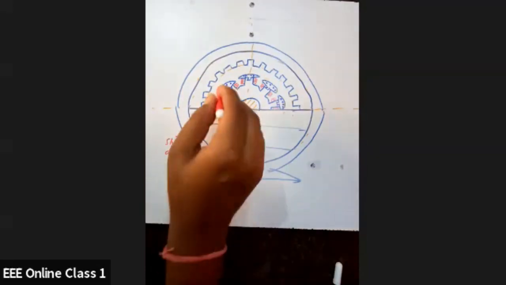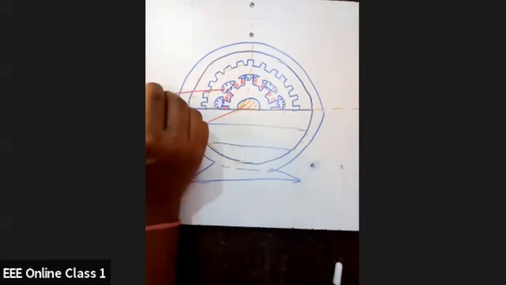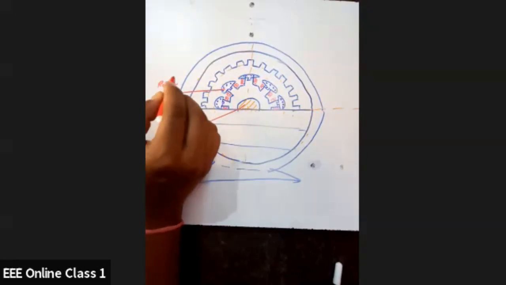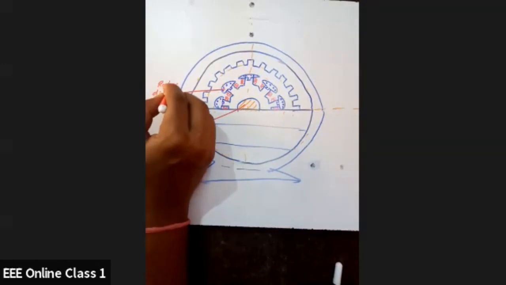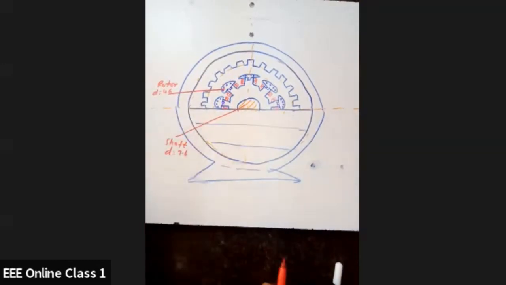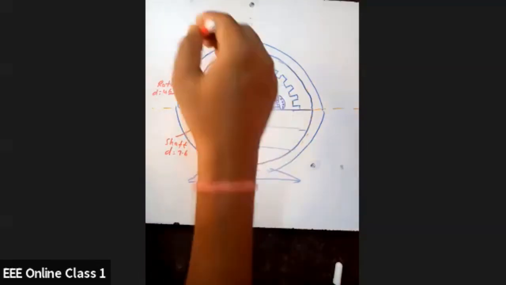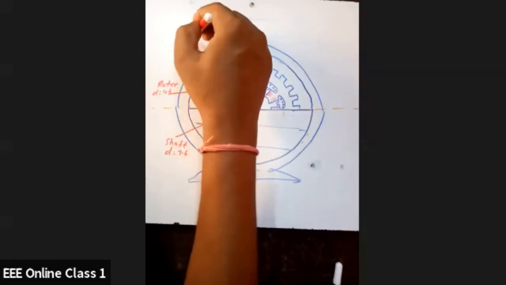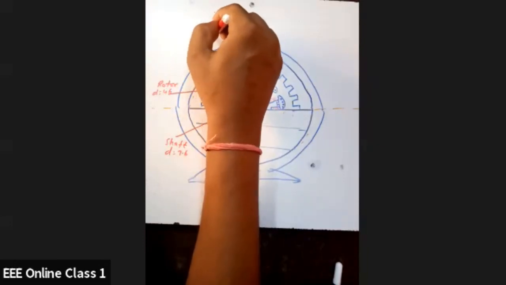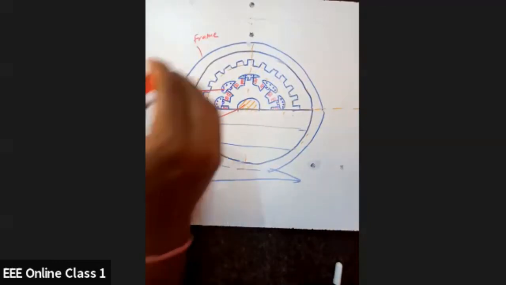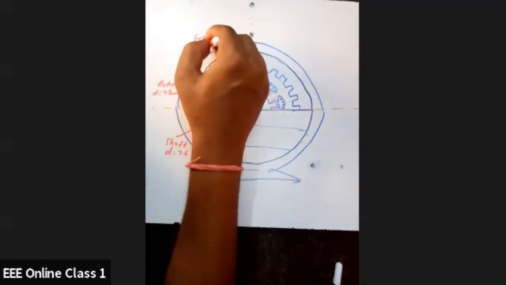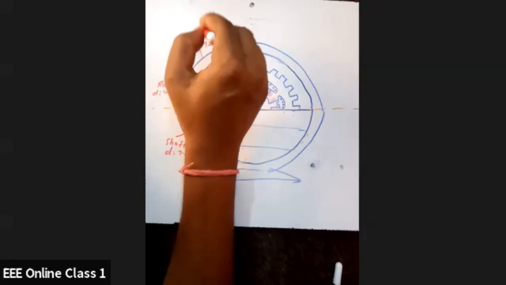Then this is your rotor, and the diameter is 46 centimeter. This is your frame, and it has a diameter of 92 centimeter.